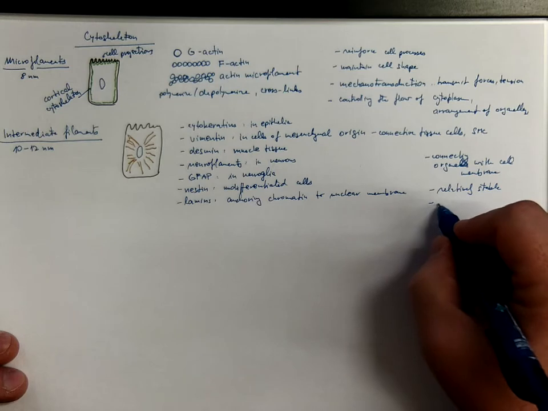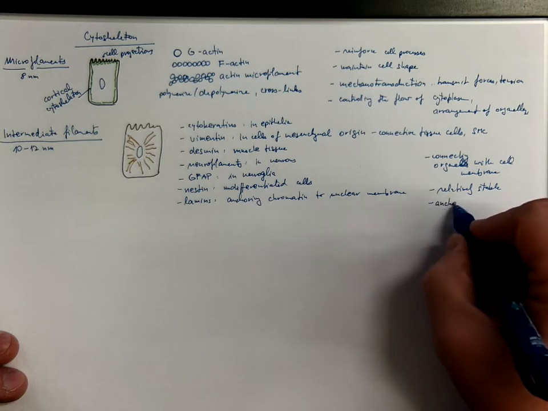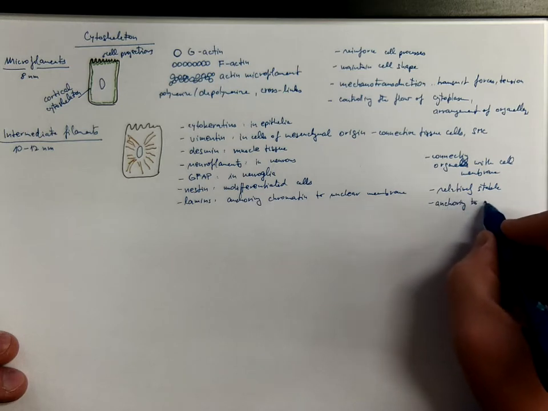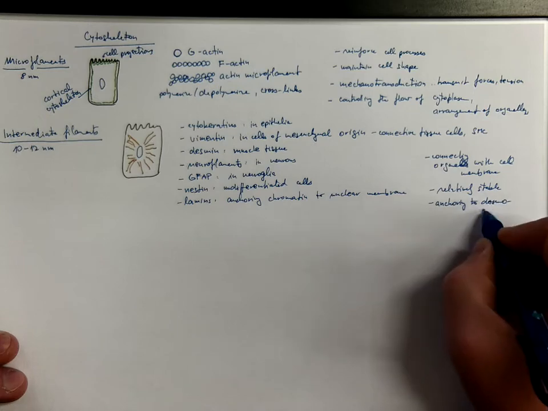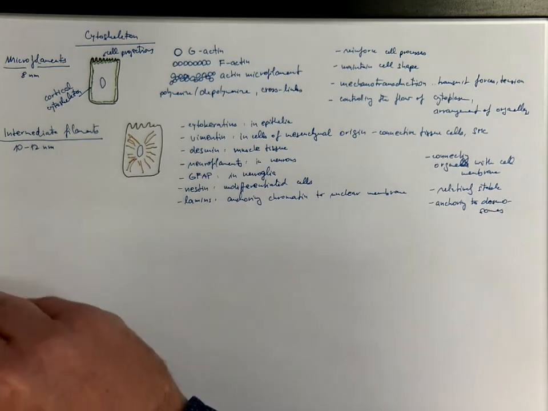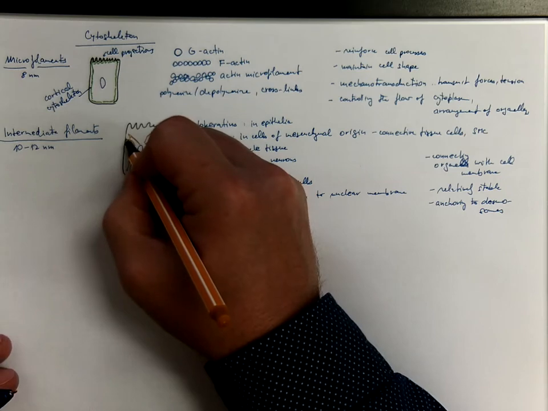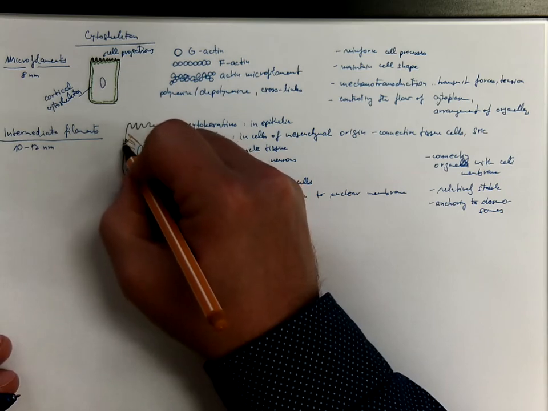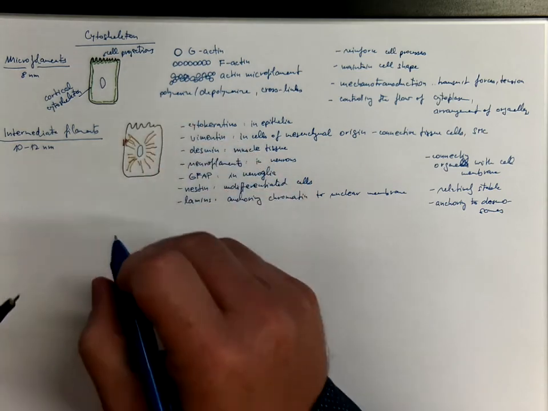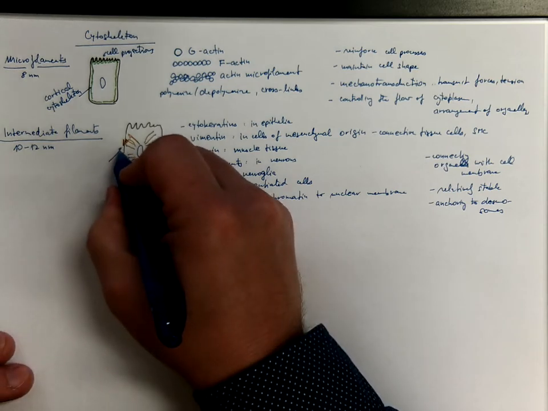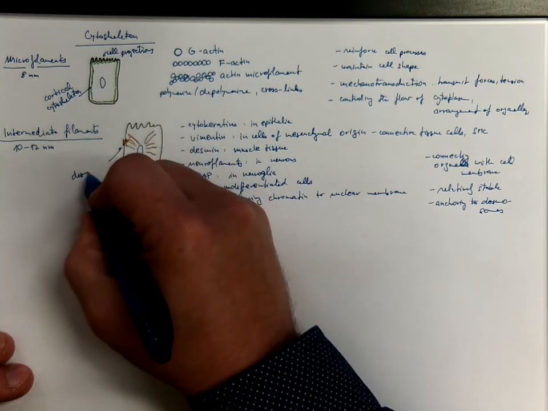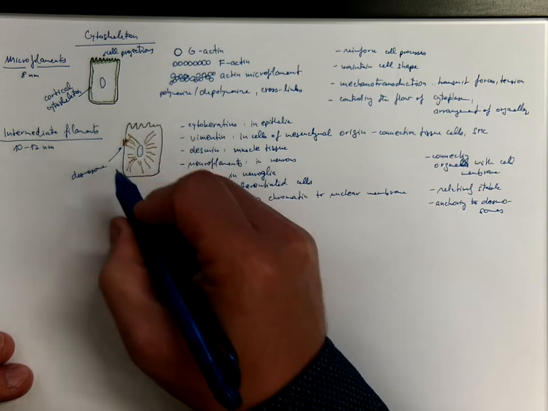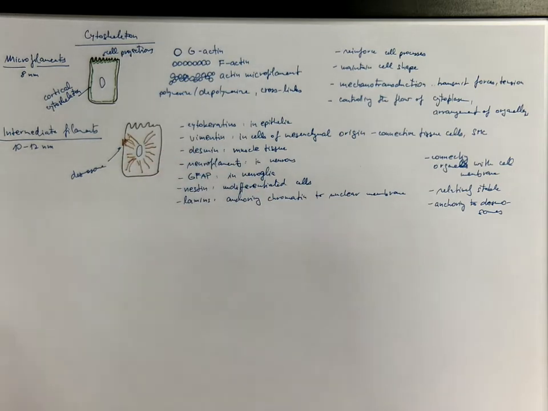And they are anchoring to desmosomes. So the desmosomes are one of the cell-to-cell junctions that will be discussed in epithelial tissues. So that will be the desmosome. It's a type of intercellular junction.